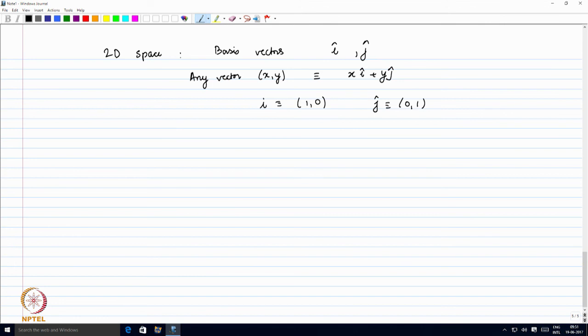Now, similarly in 3D space, basis vectors are i, j, k. This is one possible choice of basis vectors. Now, this is extremely important to note and I am emphasizing this here: basis vectors are not unique.